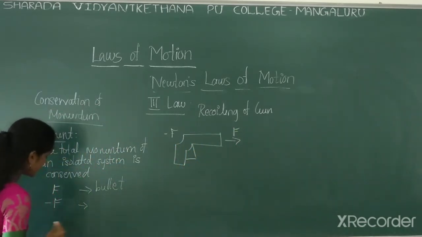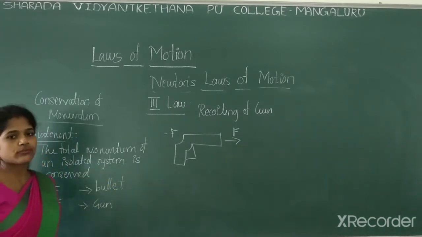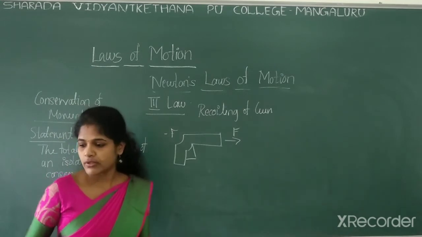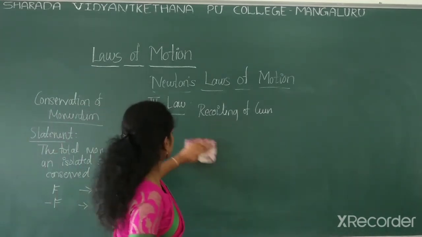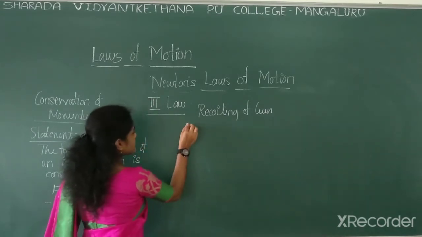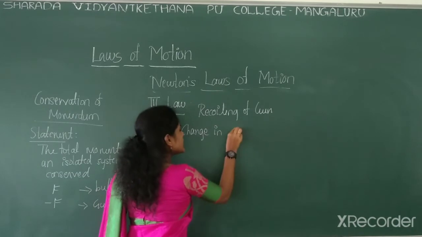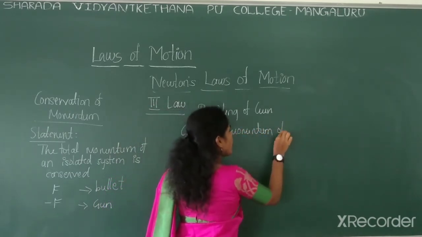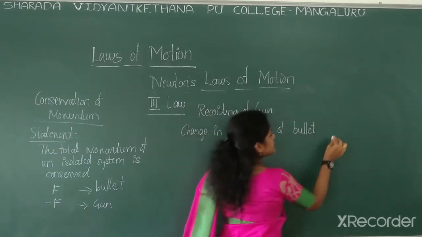So minus F is the force on the gun. So if we take the change of momentum, the change in momentum of the bullet is F dt.